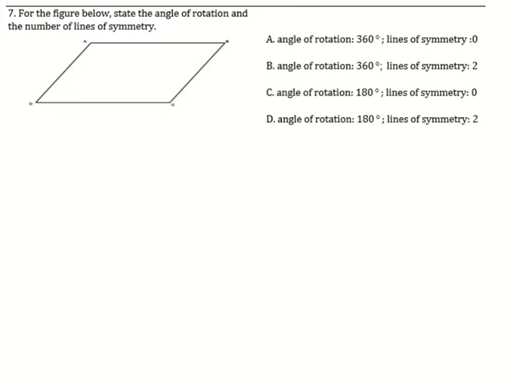For the figure below, state the angle of rotation and the number of lines of symmetry. If I try to draw a line across in the middle here and fold it over that line, this point here is going to come that way. Same thing for this side. It's going to come that way.